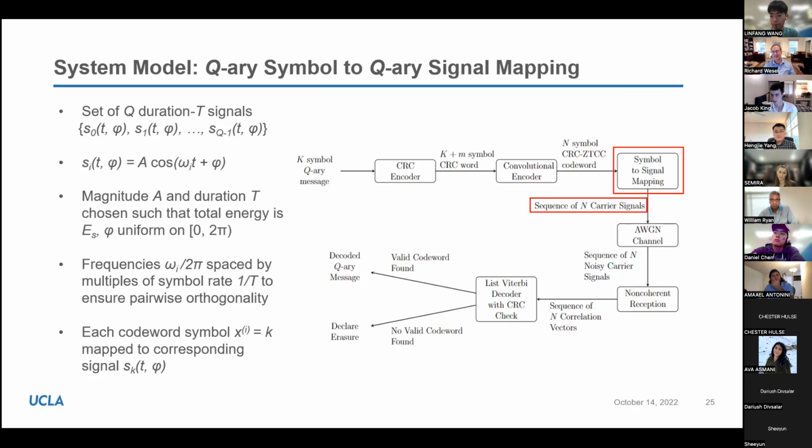Jacob, what's the separation between the frequencies in terms of symbol rate? The most optimal one is separating them all by 1 over T, if I understand it correctly, but because you're using non-coherent rather than coherent, the throughput of this system will be low because you're occupying lots of bandwidth.